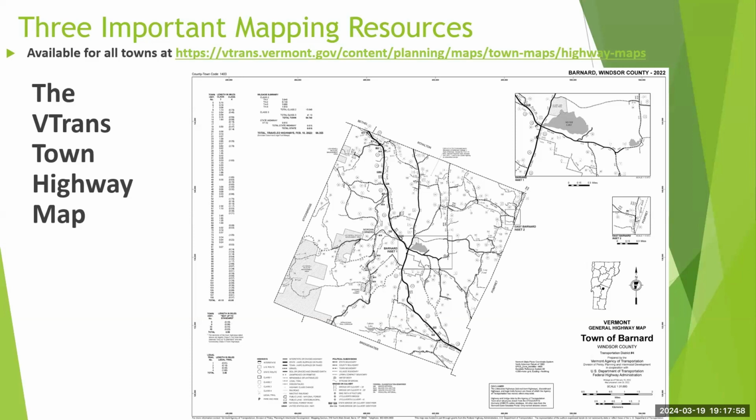And I love with these maps, people pull them out and they're like, well, that's not right. And I'm like, well, this is the record that VTrans has. If it doesn't seem right to you, you need to follow the proper process to update this, and you need to go to your select board and tell them where it's wrong. And then you can work with them to verify the area that you feel there's a problem with.